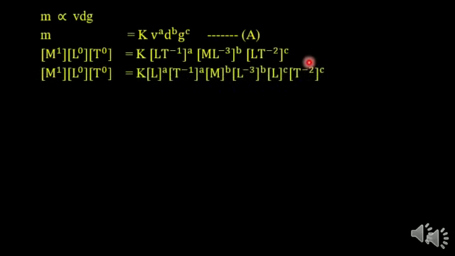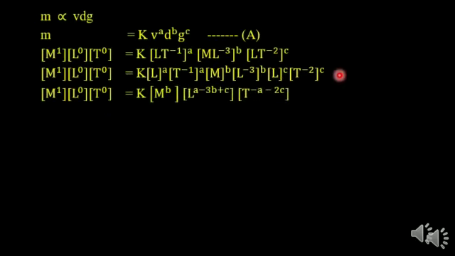After rearranging, the right side of the equation becomes k L to the power of a, T to the power of minus a all to the power of a, M to the power of b, L to the power of minus 3 all to the power of b, L to the power of c, T to the power of minus 2 all to the power of c.